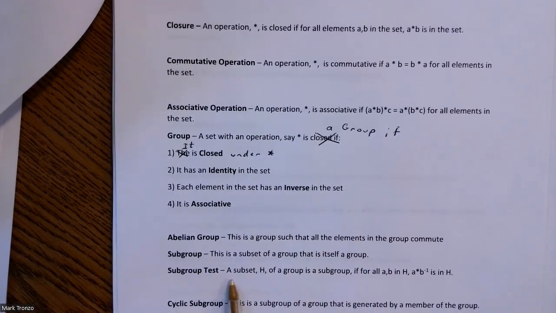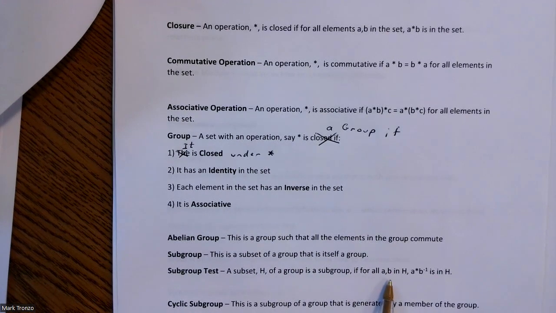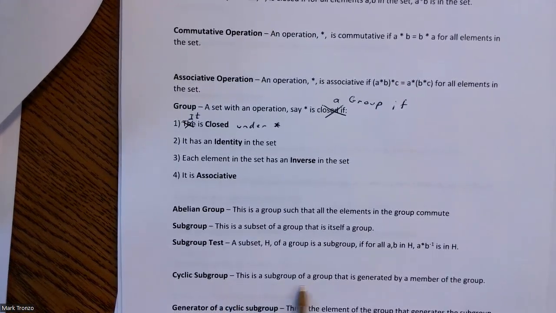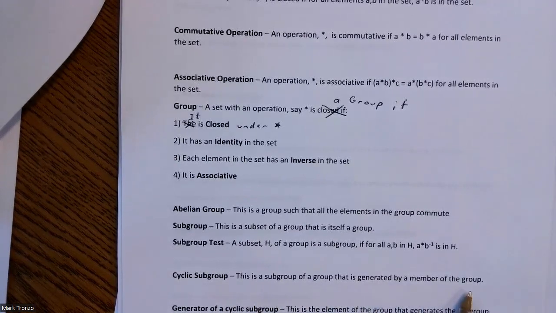The subgroup test: a subset H of a group is a subgroup if for all A and B in H, A star B inverse is in H, and this could be an addition if addition is your operation. And a cyclic subgroup is a subgroup of a group generated by an element of the group.